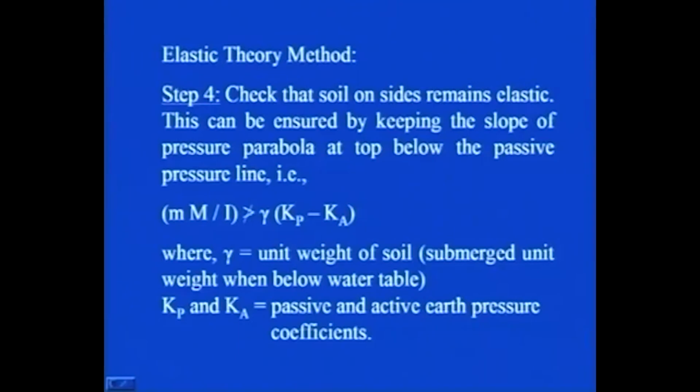That is, M by I should not be more than gamma (Kp minus Ka), where gamma is the unit weight of soil, that is, the submerged unit weight when it is below water table, and Kp and Ka are the passive and active earth pressure coefficients respectively. So in step 3 you have to satisfy those two conditions, and in step 4 you have to check that this particular condition is satisfied.